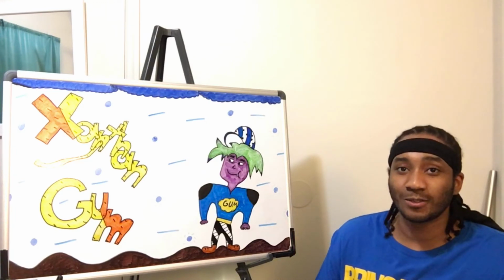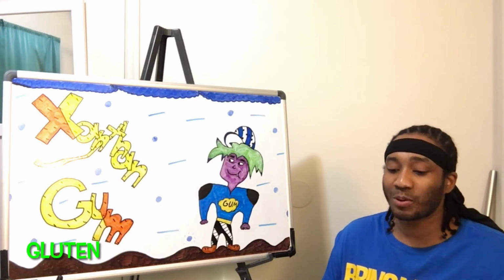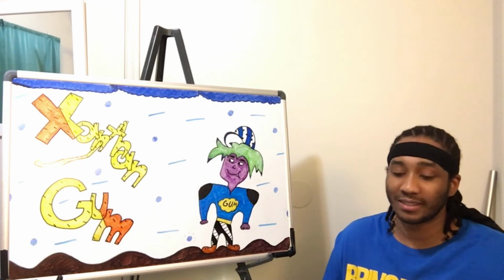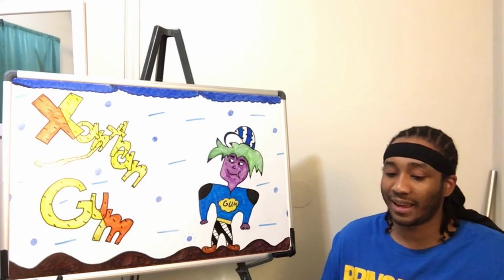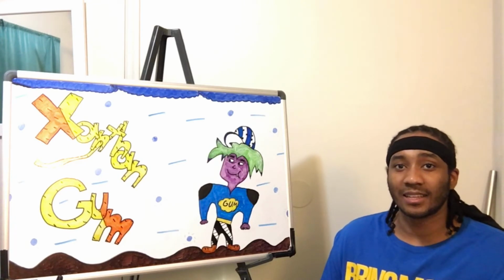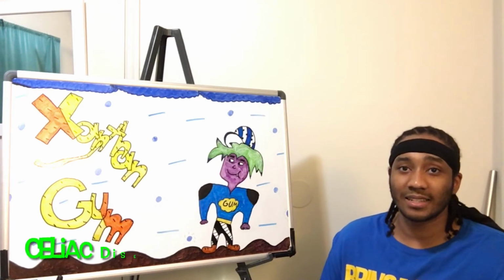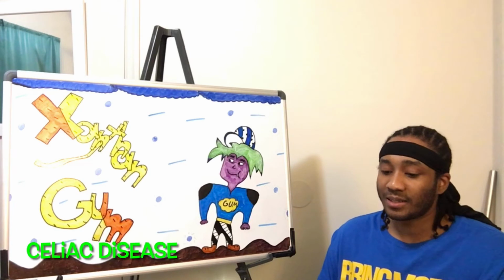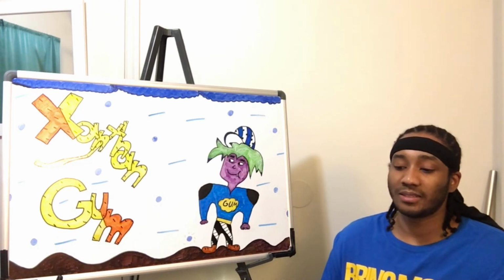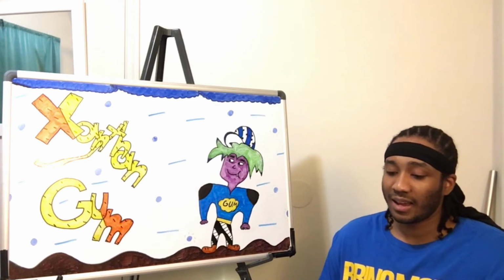Now, if you don't know what gluten is, gluten is said to be a protein found mainly in wheat, rye, and barley. And people with celiac disease usually avoid gluten, and celiac disease is really a condition where people that eat gluten have gluten allergies, so they avoid gluten.